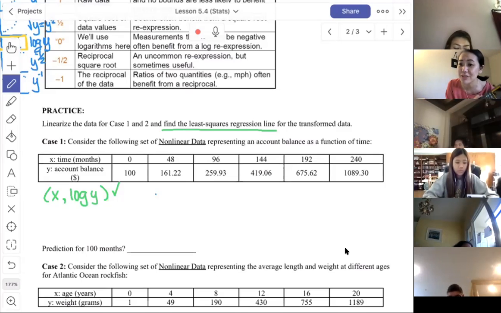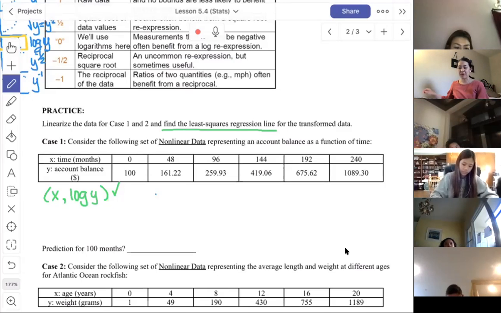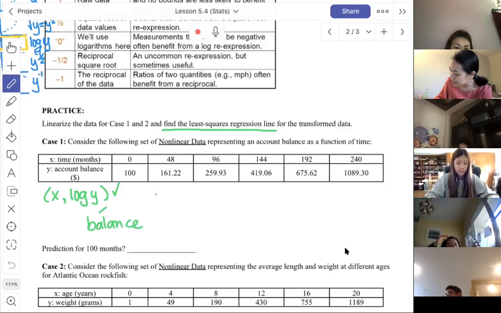Now, when you write the equation, balance is your y. The y-intercept I got was basically 2.0 and the slope was 0.0043 times your x variable, which is months.